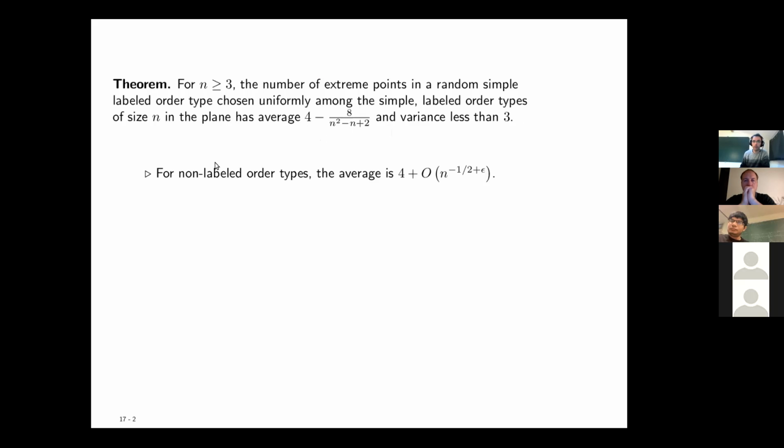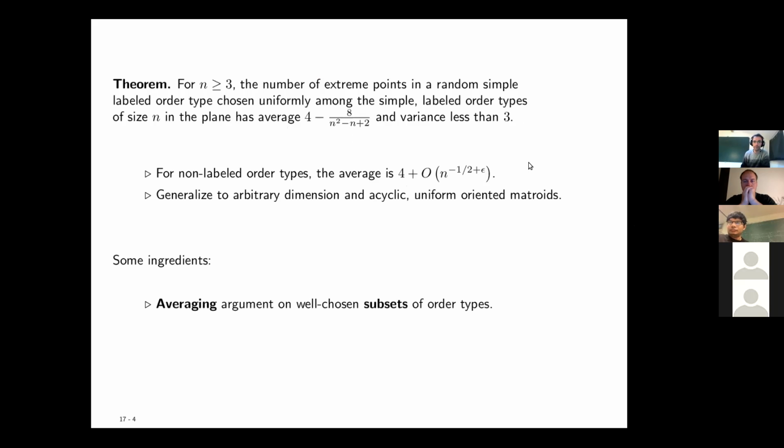And we can extend this result to non-labeled order types, and we get a less precise bound. We can also generalize to arbitrary dimension, and to the abstract model. In the abstract model, in the labeled case, we still get the same bound. In the non-labeled case, we get something coarser.